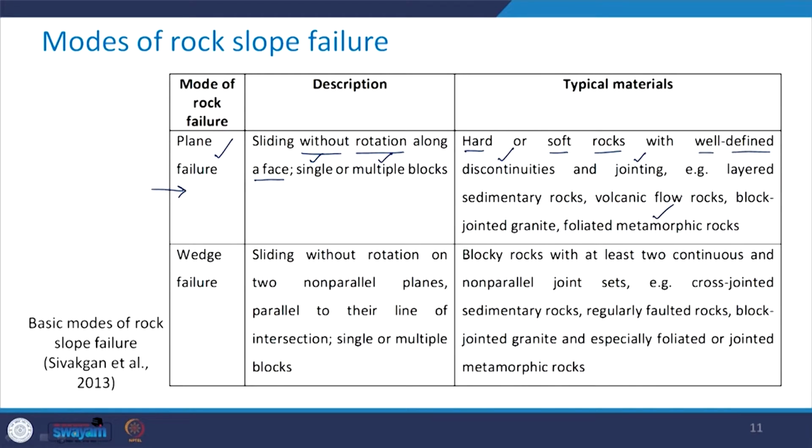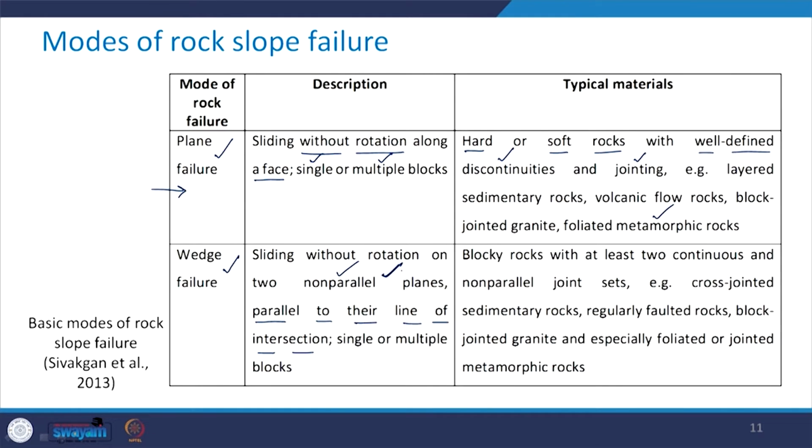The second mode of failure is the wedge failure, where there is sliding without rotation, but the sliding is on 2 non-parallel planes. This is important, that it is non-parallel planes. These are parallel to their line of intersection. That means that the sliding will take place parallel to the line of intersection of these 2 non-parallel planes.